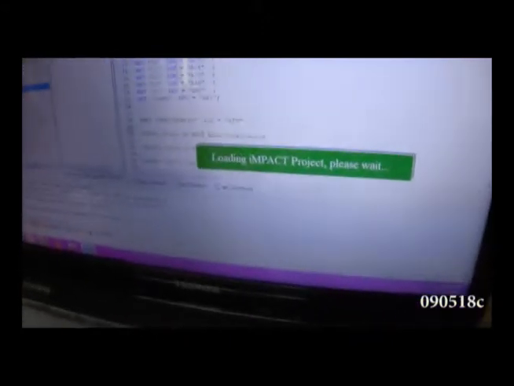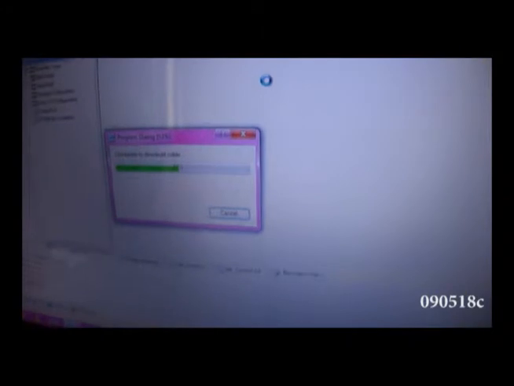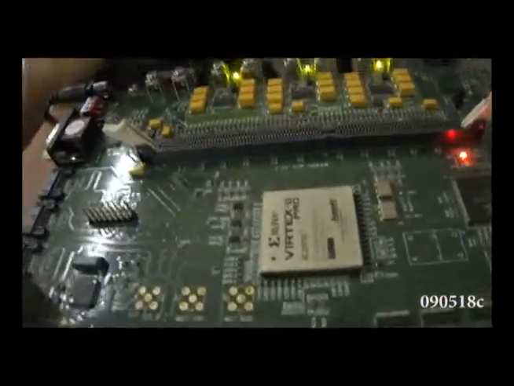Now this is being synthesized. Now this is being programmed.